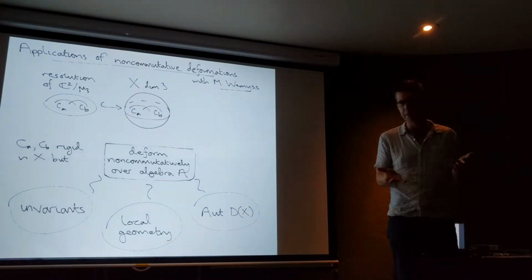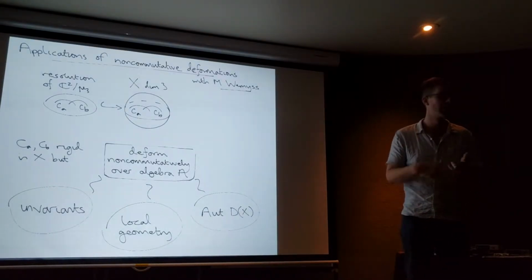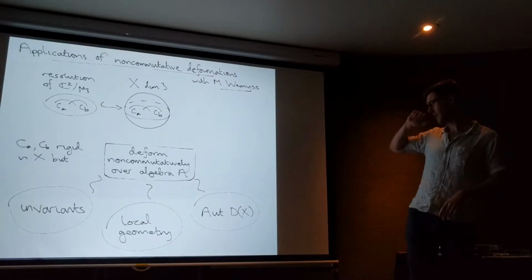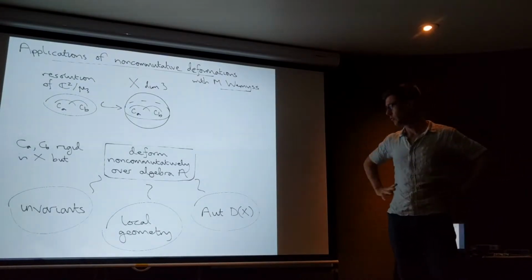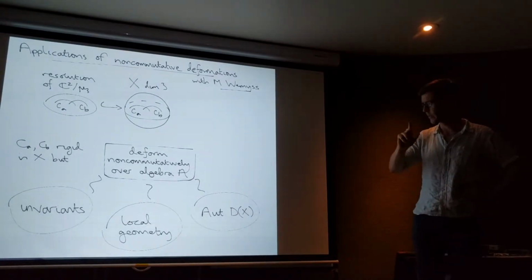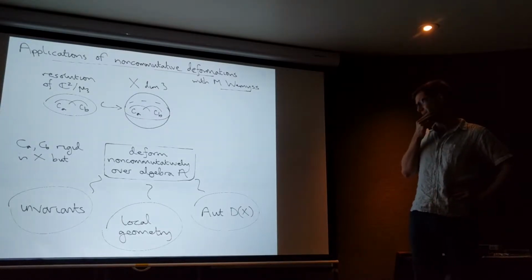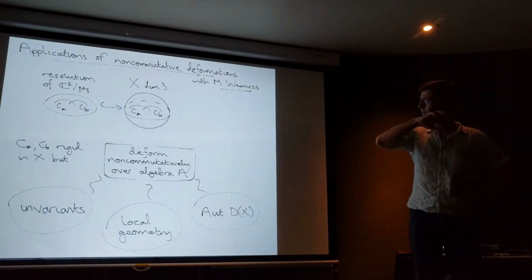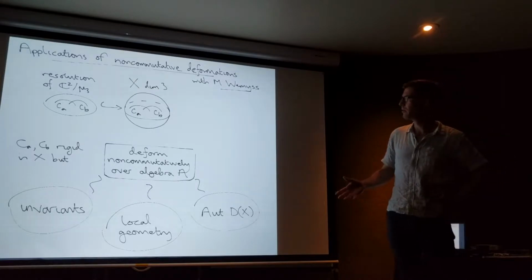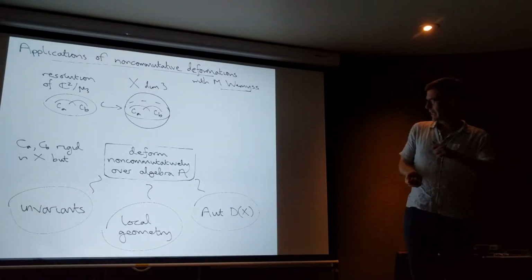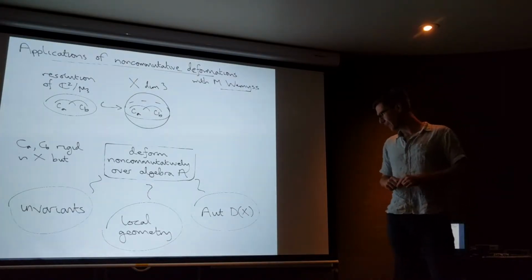So I'll explain what that means, and then I'll give some applications. So there's applications to enumerative invariants. I won't speak about those today. There's applications to what I'm calling here the local geometry of X. I'll explain that.